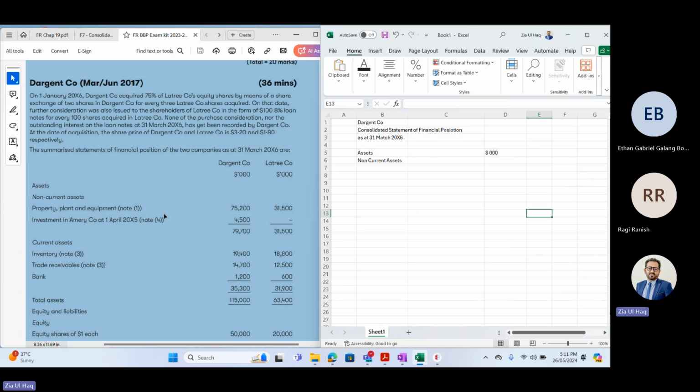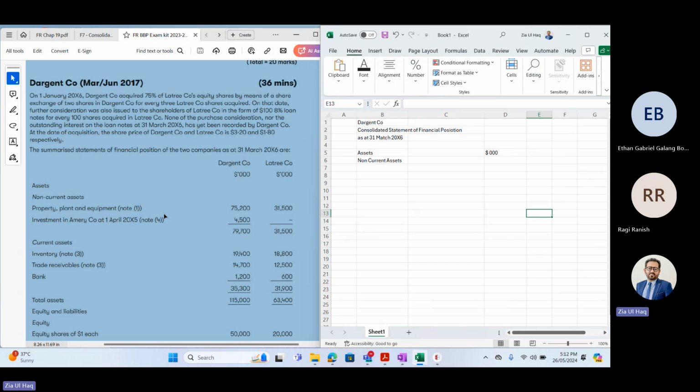This means against each share they are issuing loan notes as well. None of the purchase consideration nor the outstanding interest on the loan notes at 31st March 20x6 has yet been recorded by Dargent company. This means interest on the loan notes needs to be recorded as well.